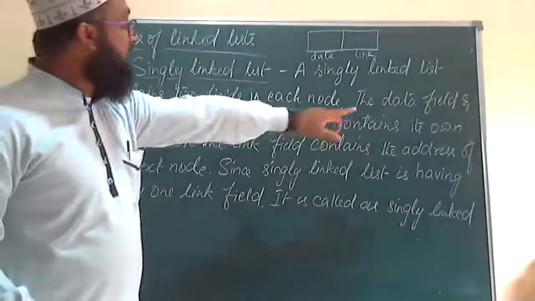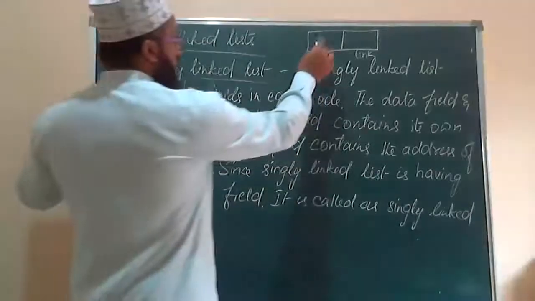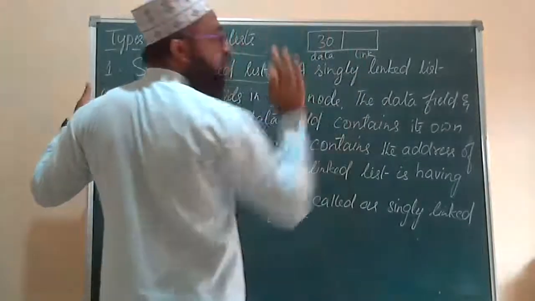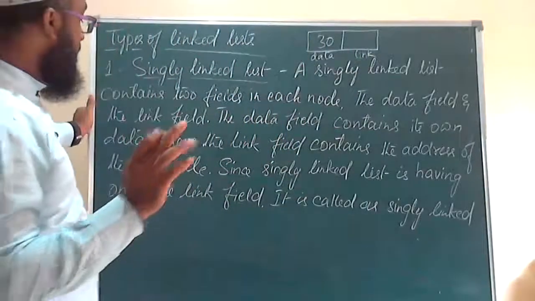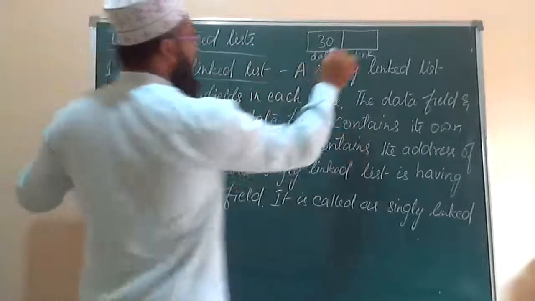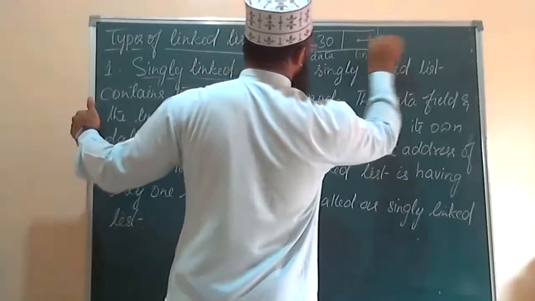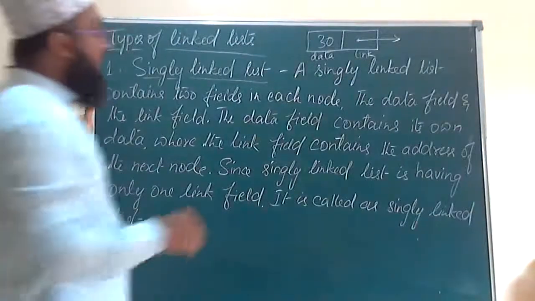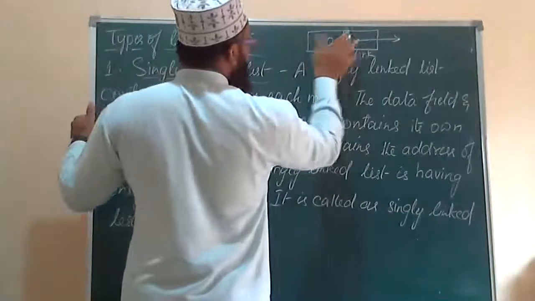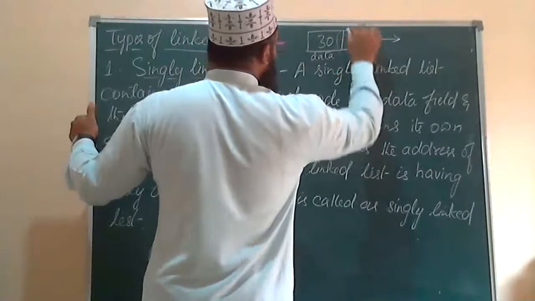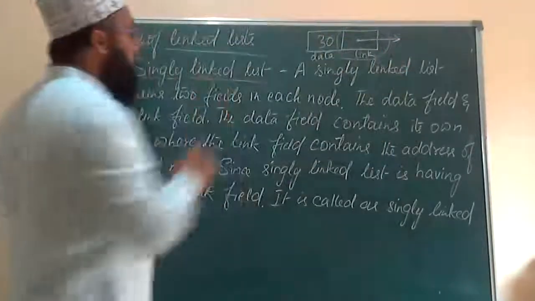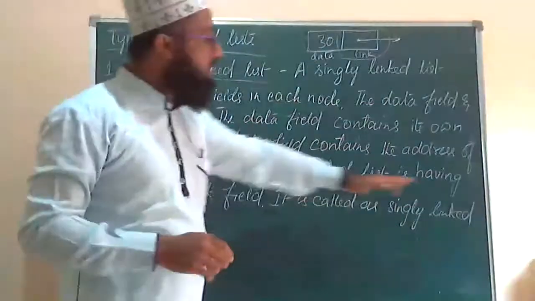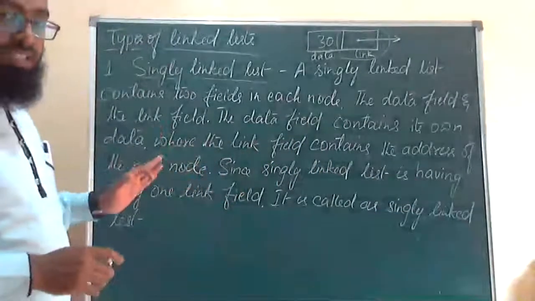The data field contains its own data. The link field contains the address of the next node. And in a singly linked list, there is only one link field. So for this purpose, this type of linked list is called a singly linked list.